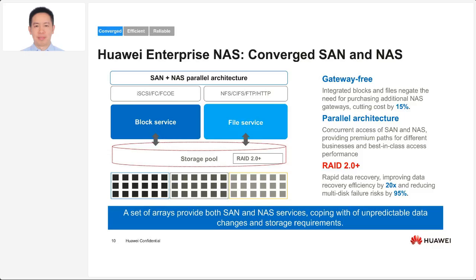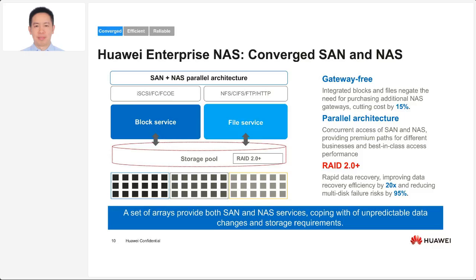So you could see this in the picture. From the bottom storage side, we provide the storage pool with RAID 2.0 technology, 20 times faster to rebuild, reducing the multi-disk failure risk by 95%. That's because of the distributed storage technology, which we call the distributed RAID system, in the NAS file system. So both SAN and NAS are supported in the parallel architecture.